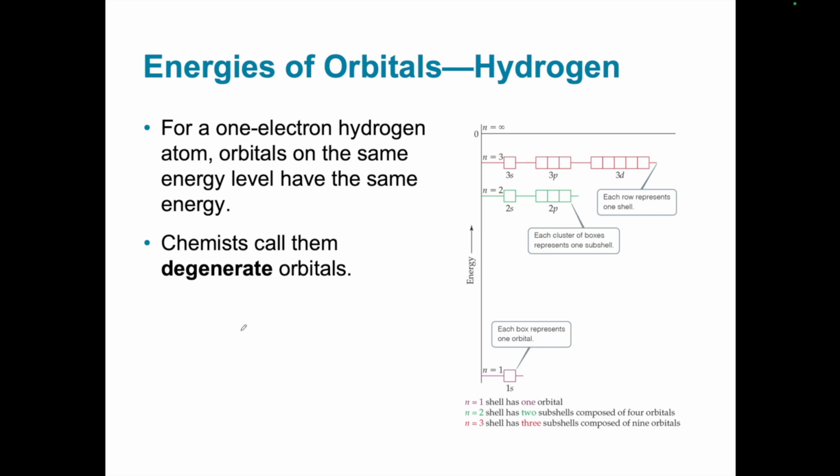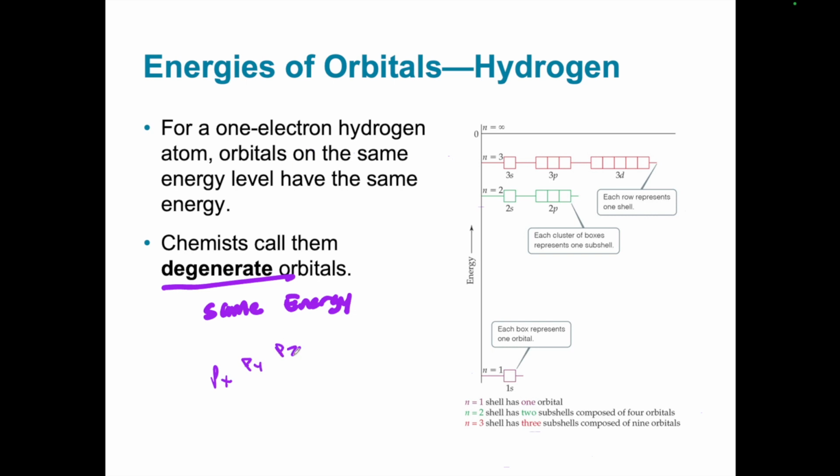So the first word to understand is the word degenerate. The word degenerate means that they are on the same energy. For example, when you have the 3 p orbitals, remember you have the px, py, and pz orbitals.